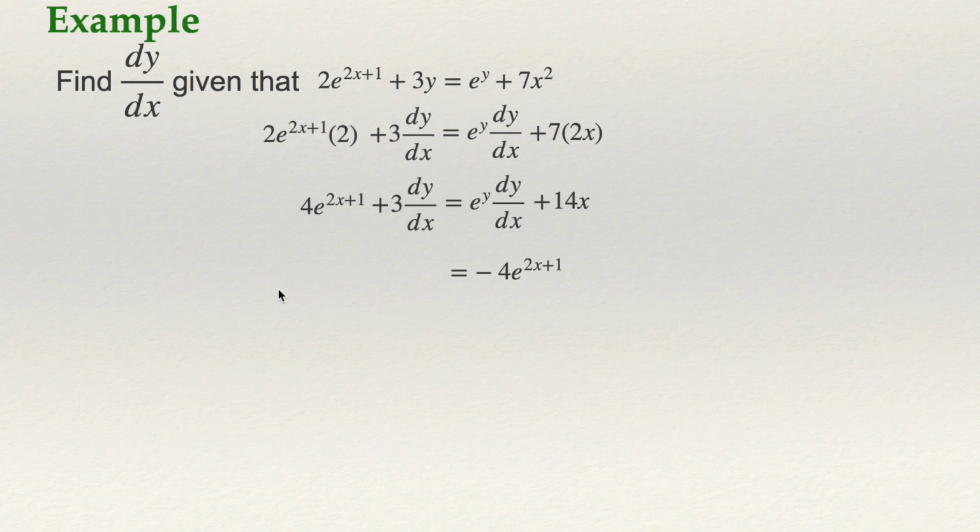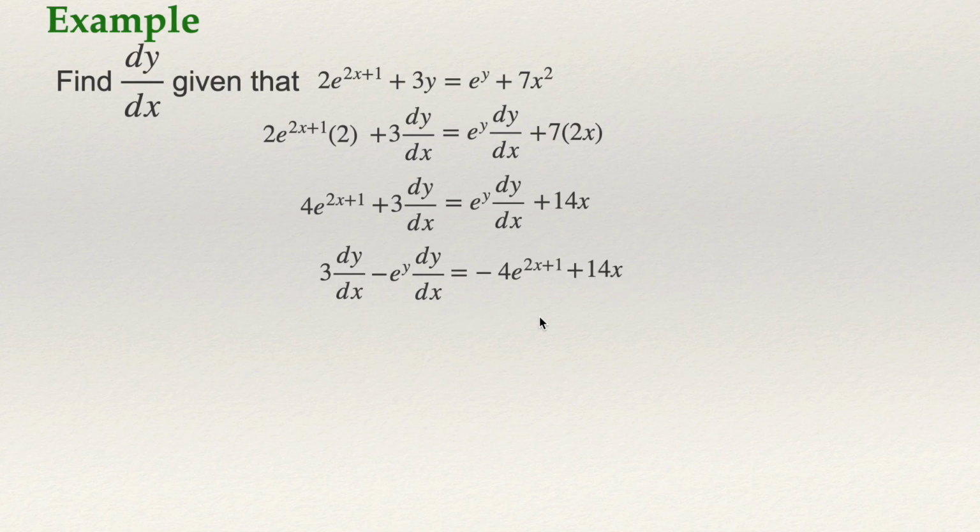I'm going to type all the terms with dy/dx on the left side: 3 dy/dx, minus e^y dy/dx, equals negative 4e to the power 2x plus 1 plus 14x.